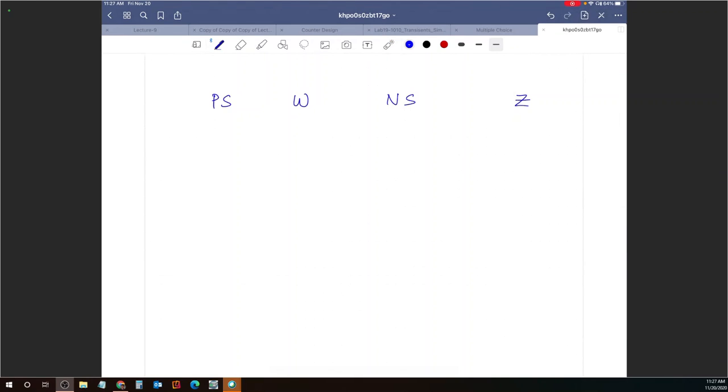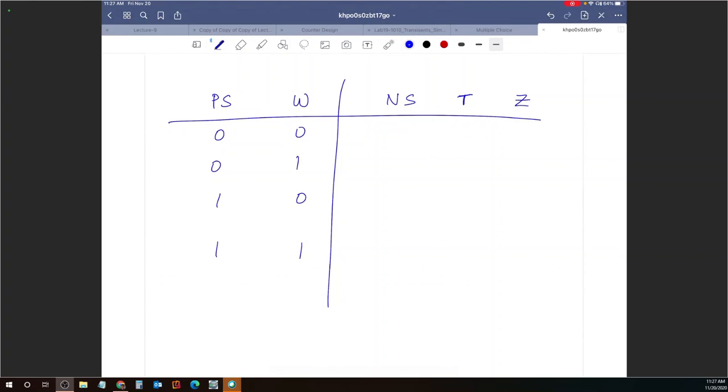Now I will also add one more column here for T. We had 0, 0, 0, 1, 1, 0, 1, 1, and we said the next state should be even, odd, odd, even, right? So if we were to design this using a T flip-flop, this is my Q, and this is my Q plus.